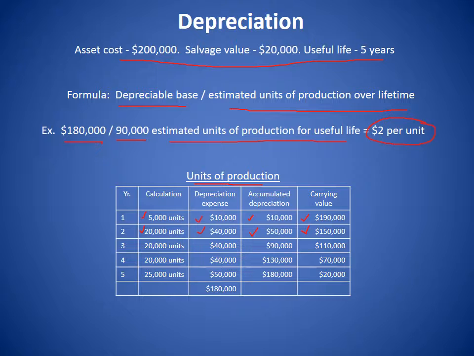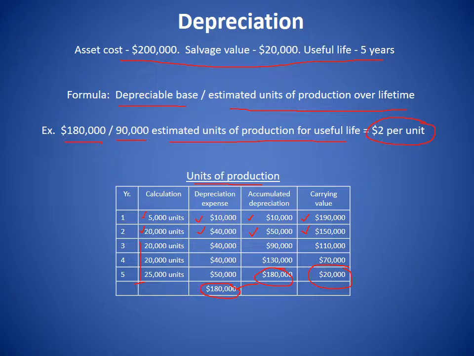And we're going to continue that all the way through year 5, assuming that our estimate was correct in terms of total production. We're going to end up with $180,000 of depreciation expense, $180,000 corresponding accumulated depreciation, with an asset with carrying value of $20,000.